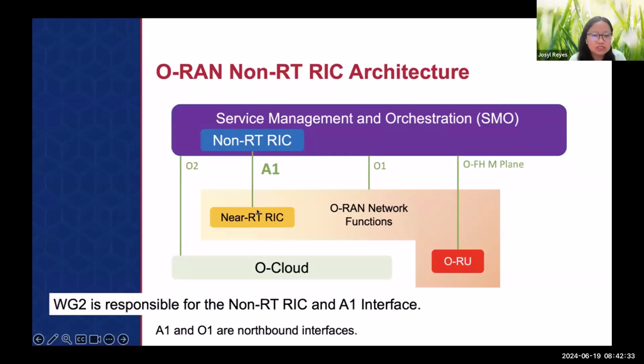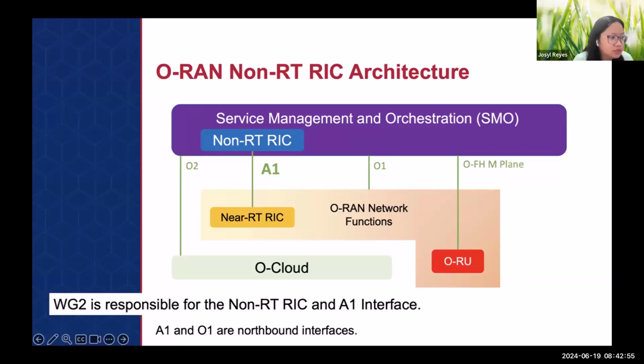It doesn't mean it is unidirectional communication. It's still bidirectional. It's just that logically, in the design, we have a lower level and an upper level, so towards the north, towards the higher level block.